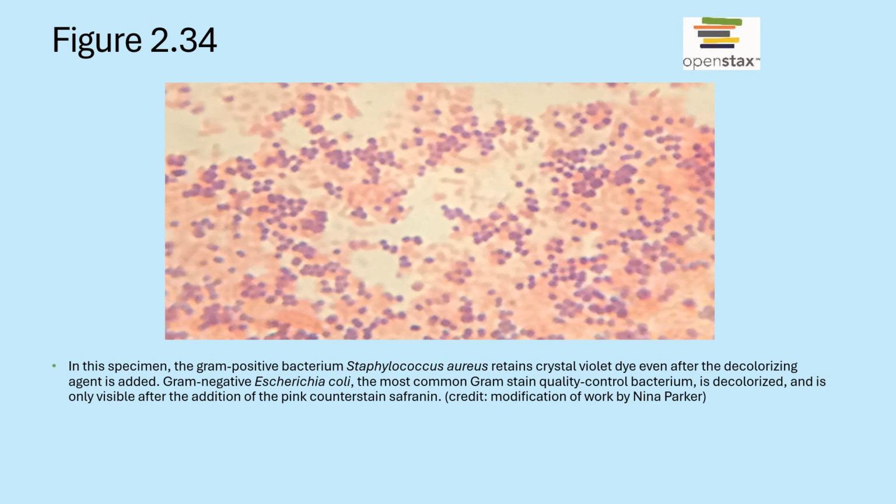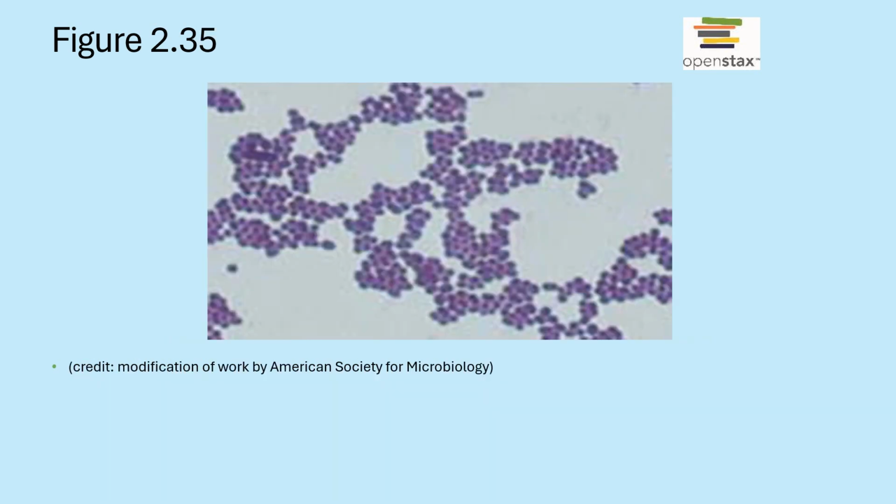This is a picture showing you have some gram-positive because you have these purple cells in here. Here's another example. This is definitely gram-positive. I can tell by the shape that they're spherical, or cocci, because of the arrangement that they are in these clusters. That is very unique to Staphylococcus.